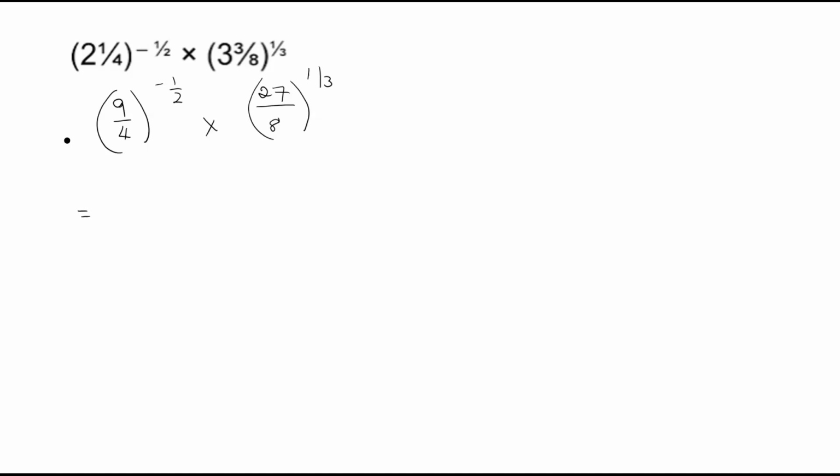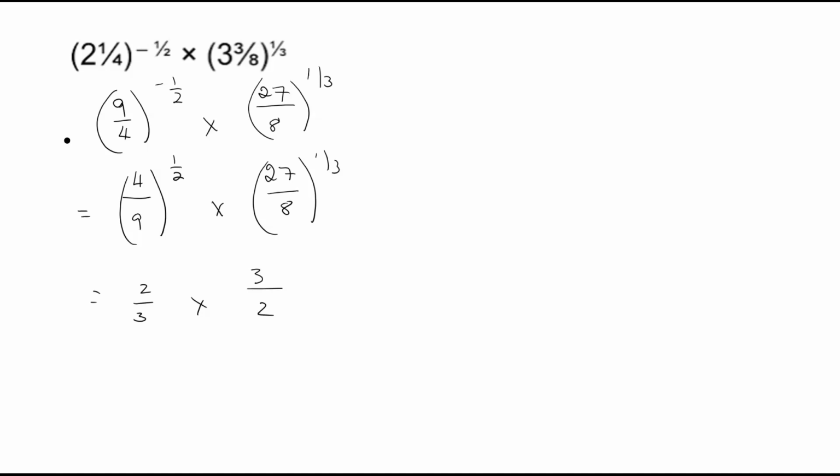And then, as I said, we flip because of the negative power. This is a fairly simple one because now we can go straight to saying, well, 4 to the power of a half is 2 over 3, times 27 to the power of a third is 3 over 8 to the power of a third, which is 2. That's 1.